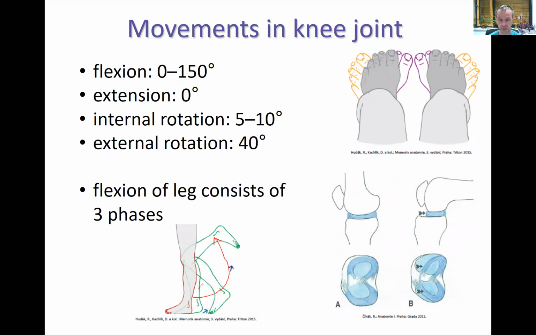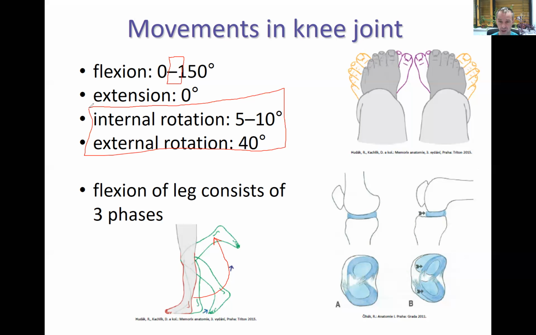To perform rotation, we have to relax the cruciate ligaments. And this can be in between 0 and 150 degrees. So only when the knee is a bit flexed, we are able to perform rotations. The internal rotation is smaller in extent, and we have 4 muscles to perform that.